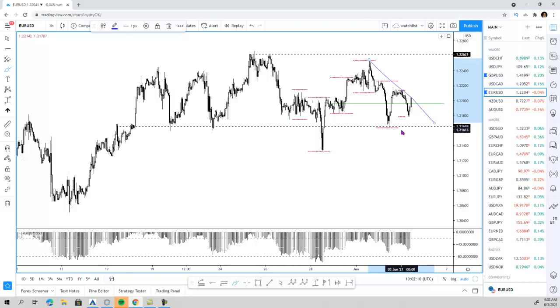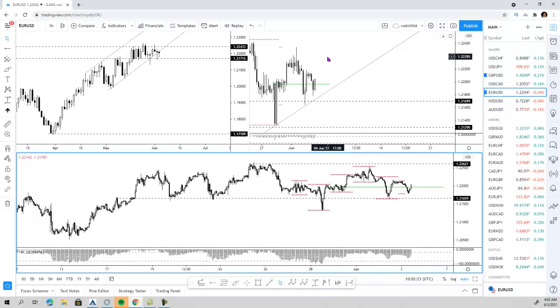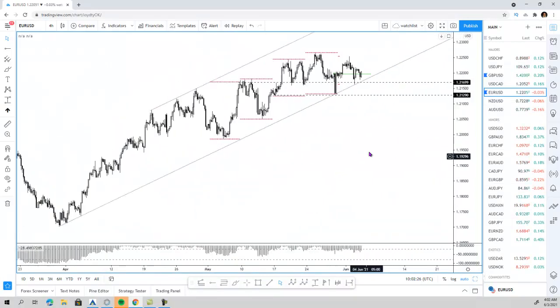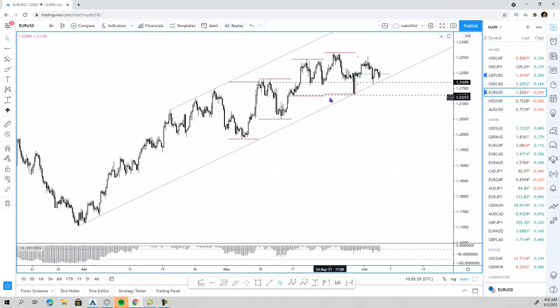Right now, there might be an opportunity to buy the EUR/USD, but we already have a short on the USD, on the GBP/USD, right? It's much clearer, but let me show you the 4-hour chart. The 4-hour chart on the EUR/USD is super bullish and has been since the end of March of this year.